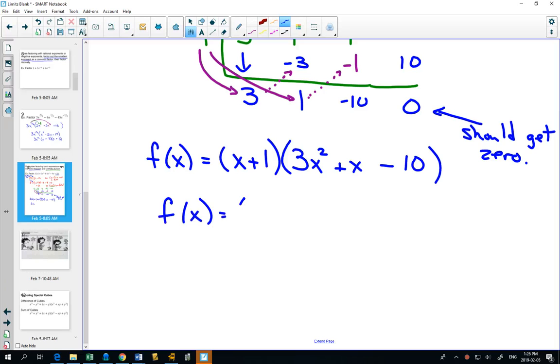We do synthetic division until we get to something that is squared, because then you can use your old factoring techniques to factor the rest. So to get 3x squared, I know it has to be 3x and x. To get 10, it could be 10 and 1 or 5 and 2. It makes a difference if the 5 and 2 is here and here or here and here.